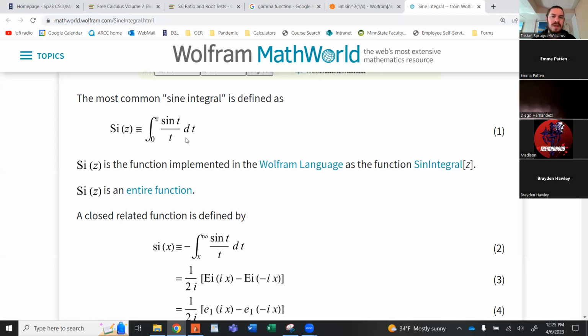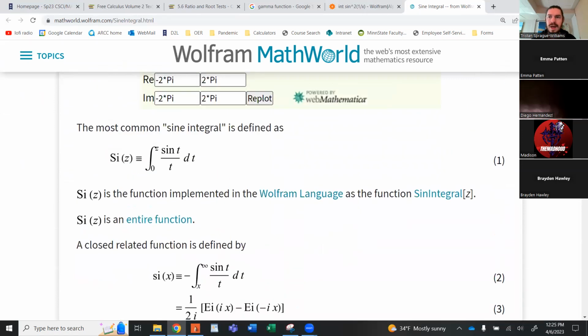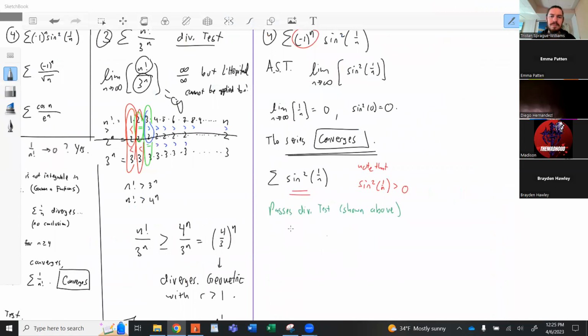Anyway, that's the sort of integral that you can really only approximate the value of. So that's one approach, but I don't want to take that approach right now. So we're not going to try the integral test. The integral test is too hard.